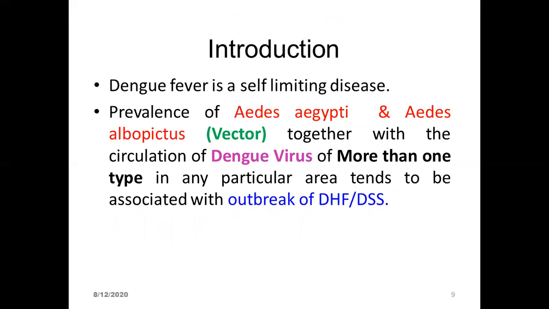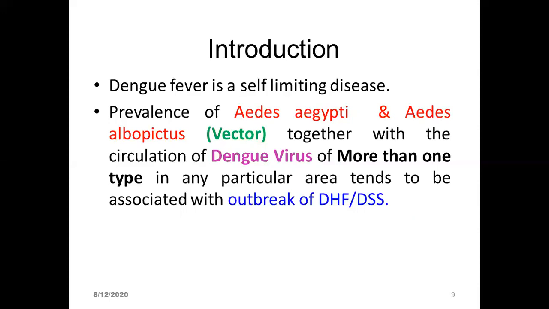Dengue fever is a self-limiting disease. Prevalence of Aedes aegypti and Aedes albopictus. These are the vectors. Together with the circulation of dengue virus of more than one type in any particular area tends to be associated with outbreaks of dengue hemorrhagic fever and dengue shock syndrome.